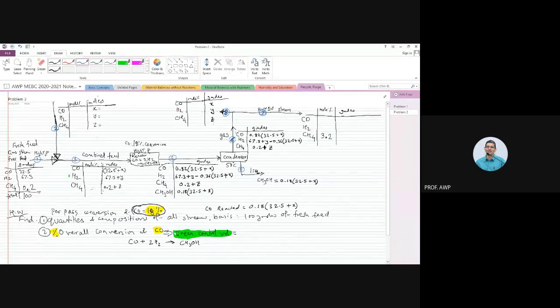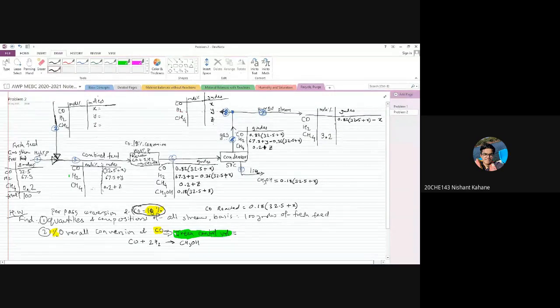If I look at this point and write a balance for CO, the amount coming in is 0.82 multiplied by 32.5 plus X. X is going to go back in stream number 8. So stream number 7 would contain 0.82 multiplied by 32.5 plus X minus X. Is that what you are saying?